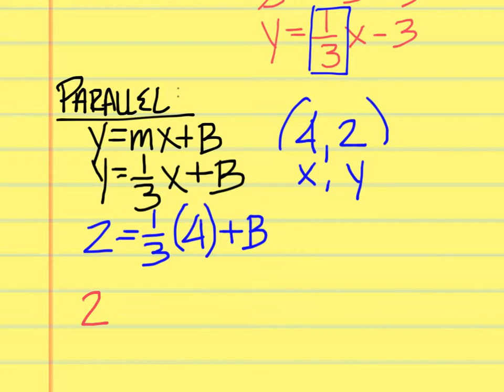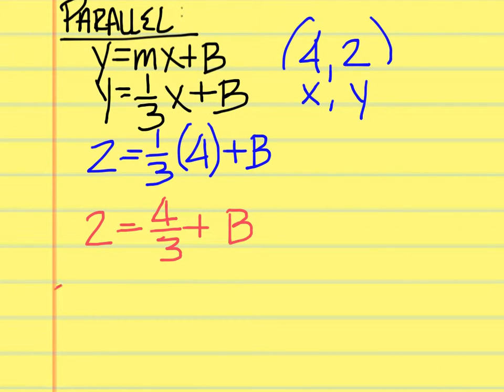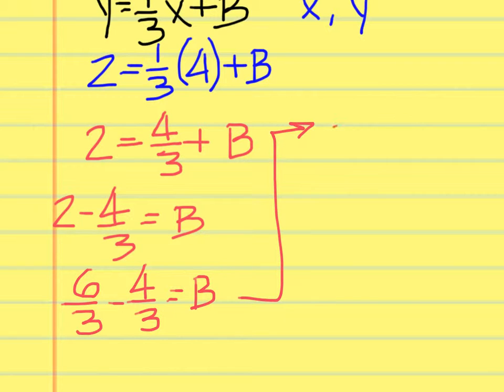So that is 2 equals 4/3 plus b. You have to move that 4/3 to the left, change the sign. Now 2 minus 4/3. A common denominator is 3. So you would end up with 6/3 minus 4/3. That's the same thing as 2/3.